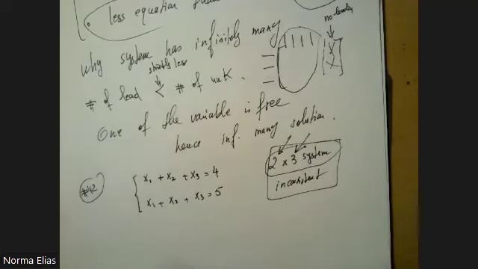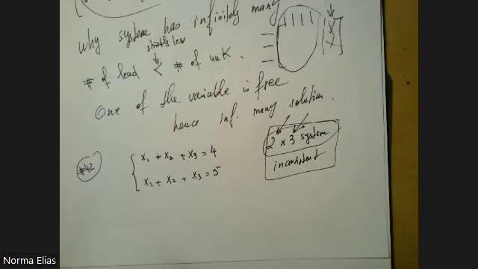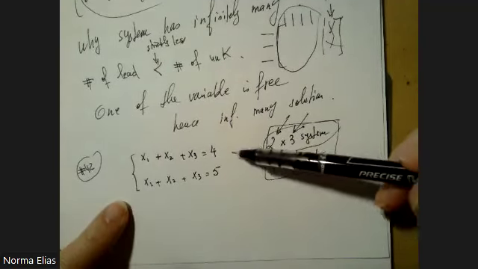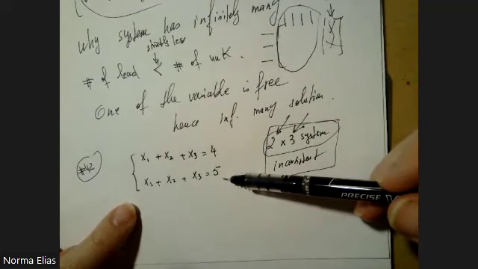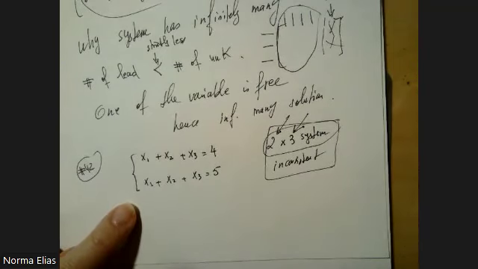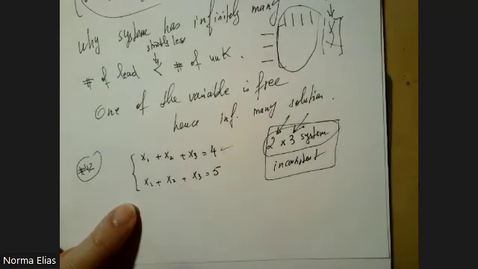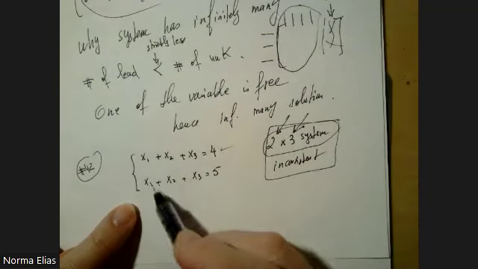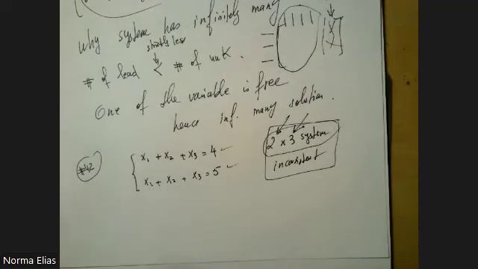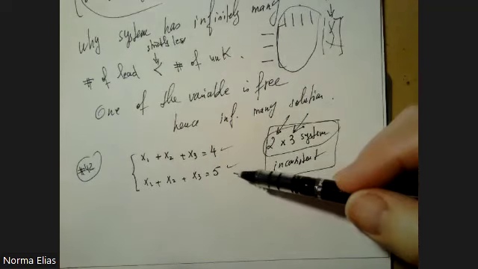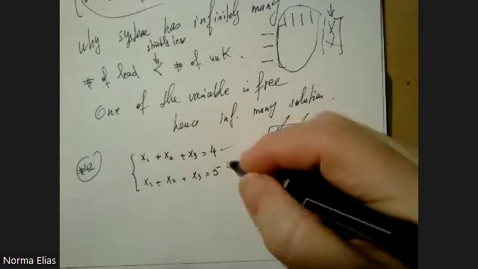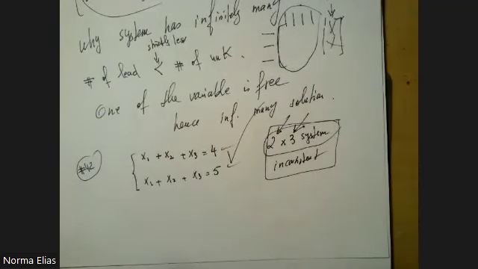All right, so he gave me a very natural, very interesting system. That's 2 by 3. Definitely this is inconsistent, because there is no way you can have x1 plus x2 plus x3 equal to 4 and at the same time equal to 5. We cannot have 3 numbers that satisfy both equations, so this is definitely inconsistent. That will do.